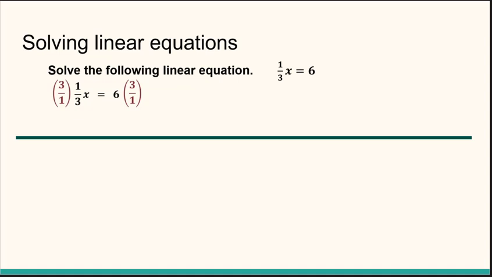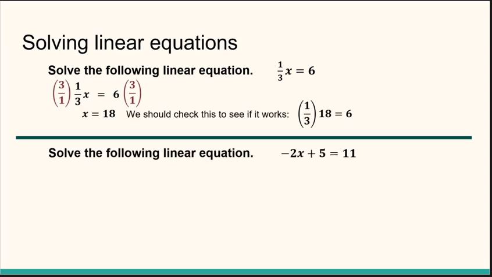Notice on the left-hand side, 3 over 1 times 1 over 3, everything cancels out, leaving me with x. And then 6 times 3 over 1, that's 18. We better check this to see if it works. What is 1/3 times 18? It's 6.